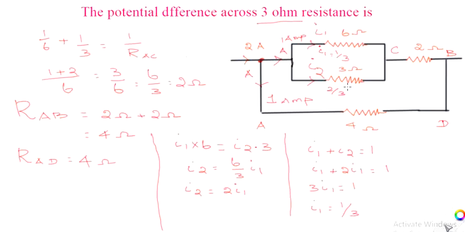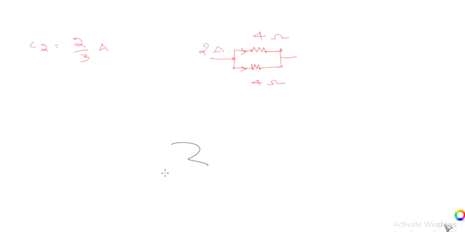Now this is the current, this is the resistance, and you have to multiply them. Therefore, the potential difference across the 3 ohm is current into resistance, with this being I2, which is equal to 2 by 3 into 3.